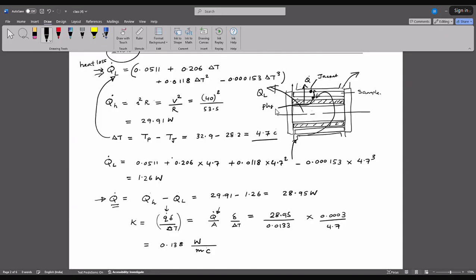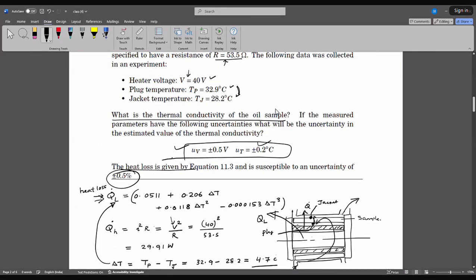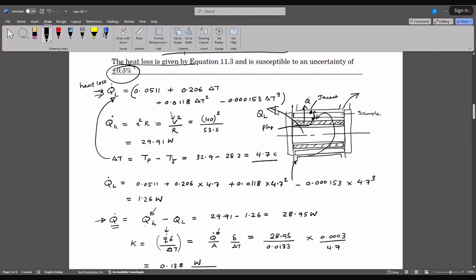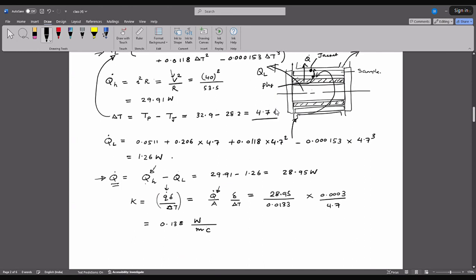The uncertainty in Q dot comes from QH, and QH has uncertainty in V, and QL.